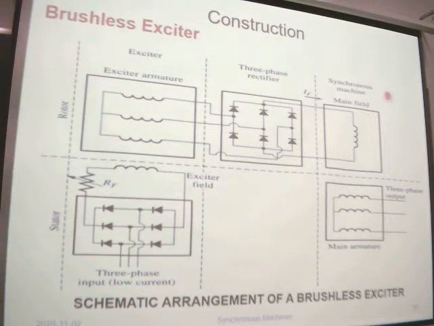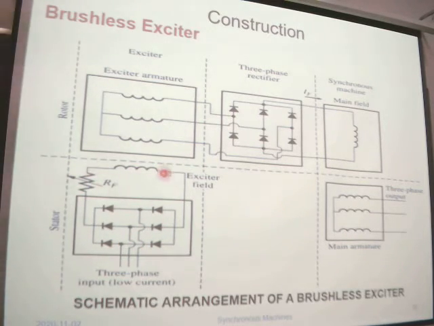This is the DC field winding. The DC comes from a small AC generator, which has its own stator, here.